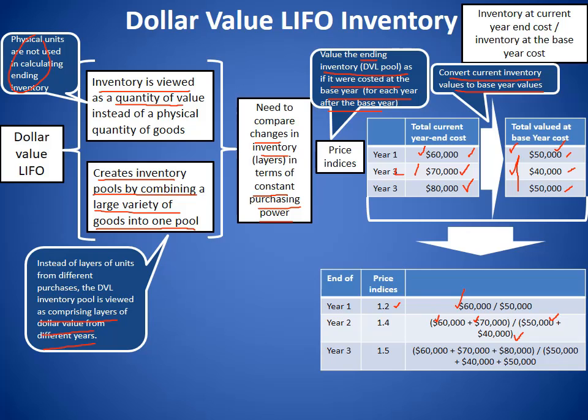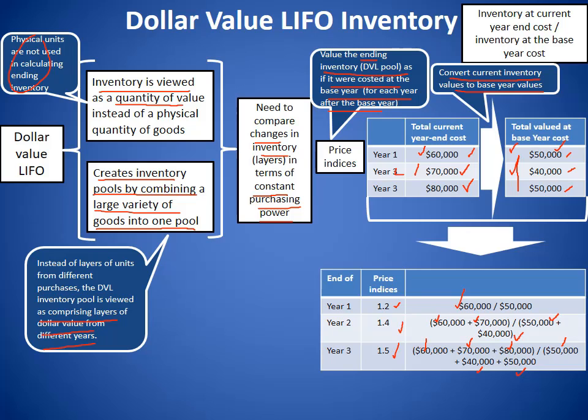We're going to chain that then with year number 3, and we have our $60,000 cost from year 1, $70,000 current year cost from year 2, and $80,000 from year 3. And that's going to be divided by our base amounts of 50,000, 40,000, and 50,000, and we end up with an index of 1.5.